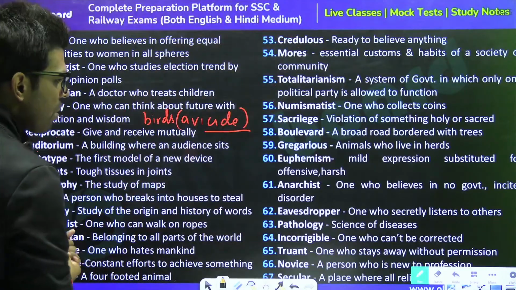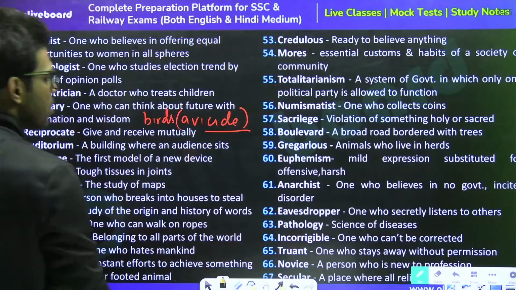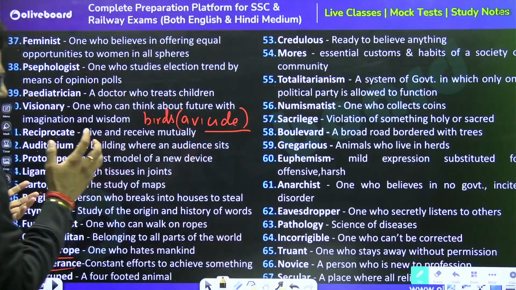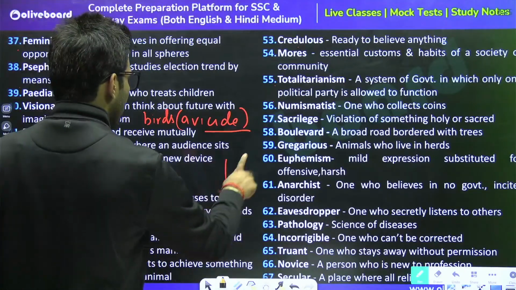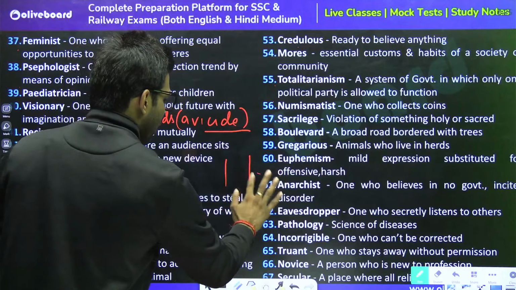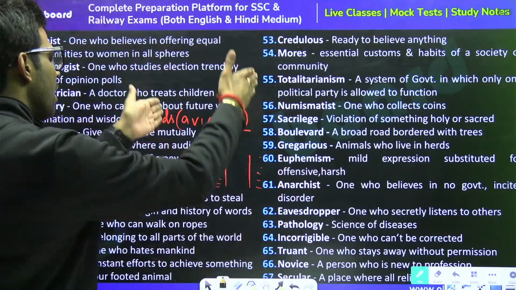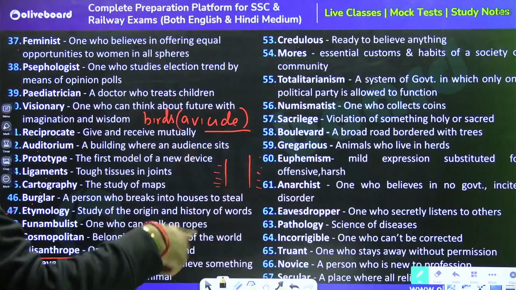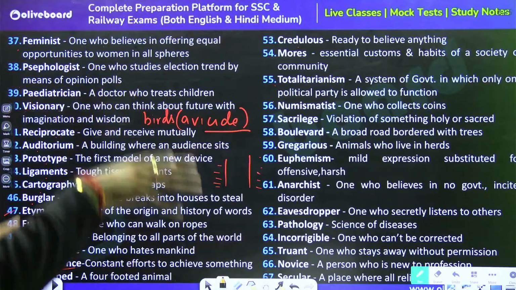Demolishing a temple, an idol, a mosque, etc. is supposed to be sacrilege. Boulevard, I think your city, my city has a hotel with the same name. By the way, it defines a road which is surrounded on either side by trees. I repeat, a road which is surrounded on either side by trees is supposed to be a boulevard. A broad road bordered with trees.